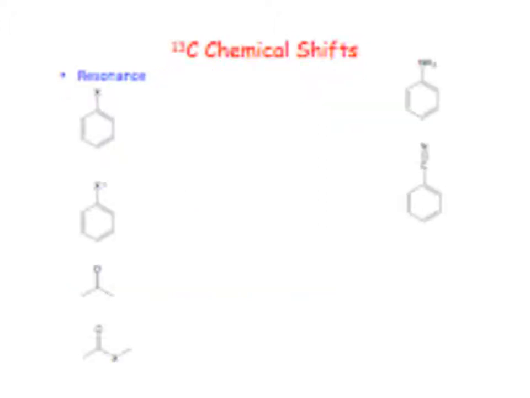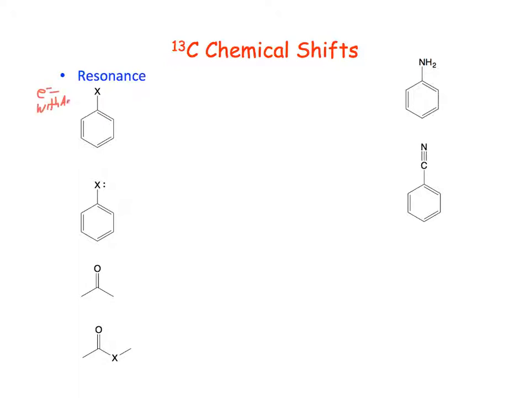We can also use resonance to help us understand differences in chemical shift. For example, if this X group here was electron withdrawing, then it might pull electron density out this way, which is going to give us resonance that looks like this.